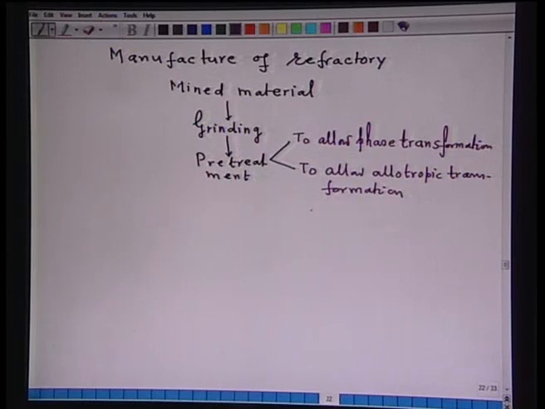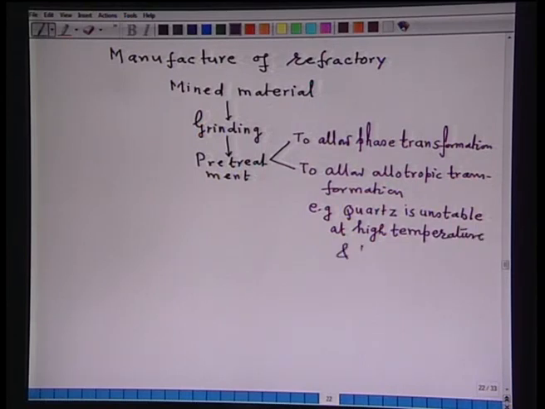Now, say for example, quartz is unstable at high temperature and forms two phases, tridymite and cristobalite.